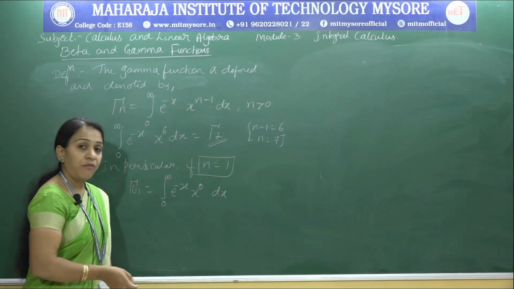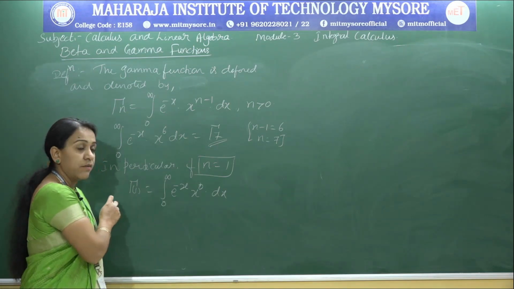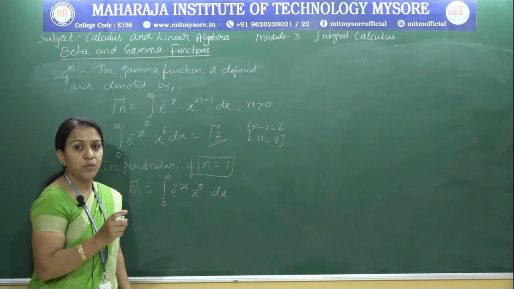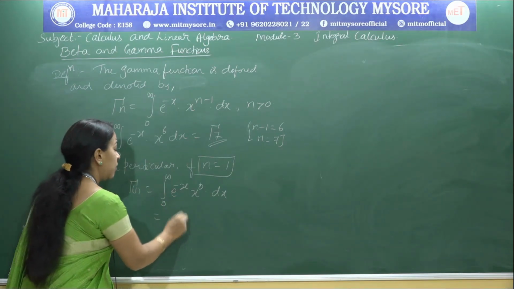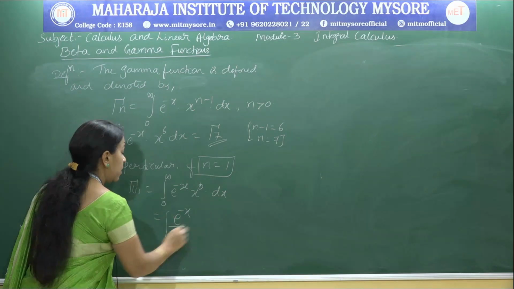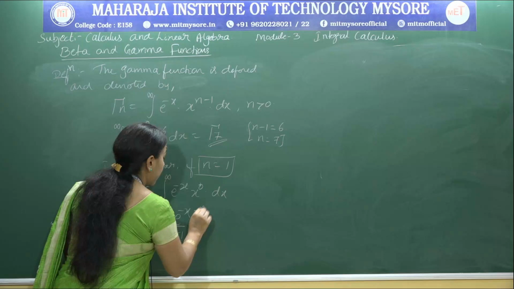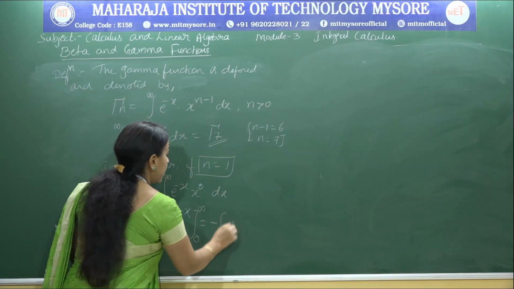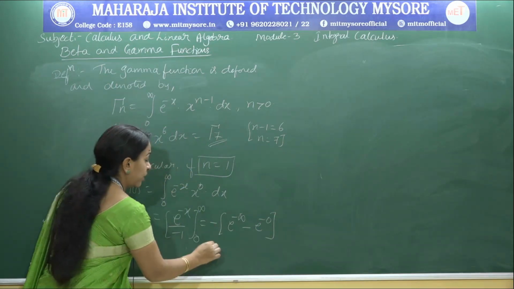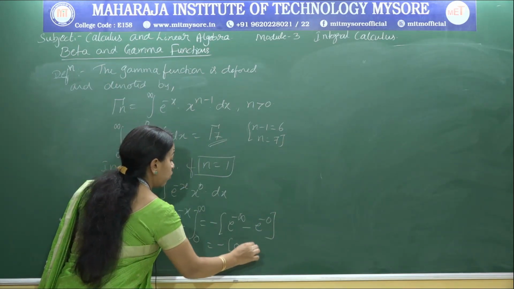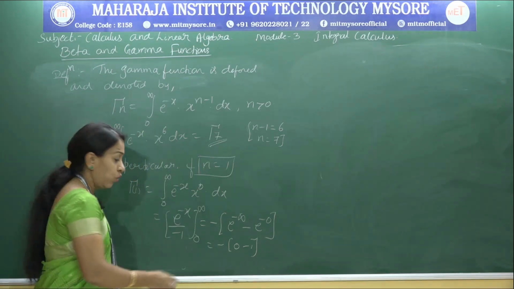Of course, x power 0 is 1, and the integration of e power minus x is e power minus x by minus 1 between the limits 0 to infinity. Applying the limits, it is minus of e power minus infinity minus e power minus 0, which is minus of 0 minus 1. We know e power minus infinity is 0.